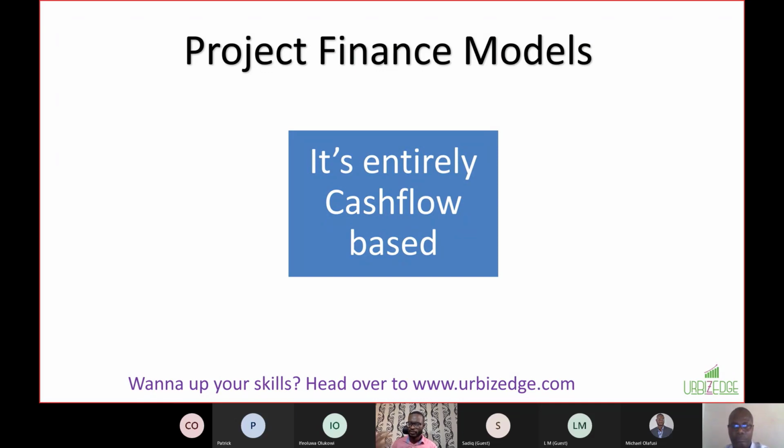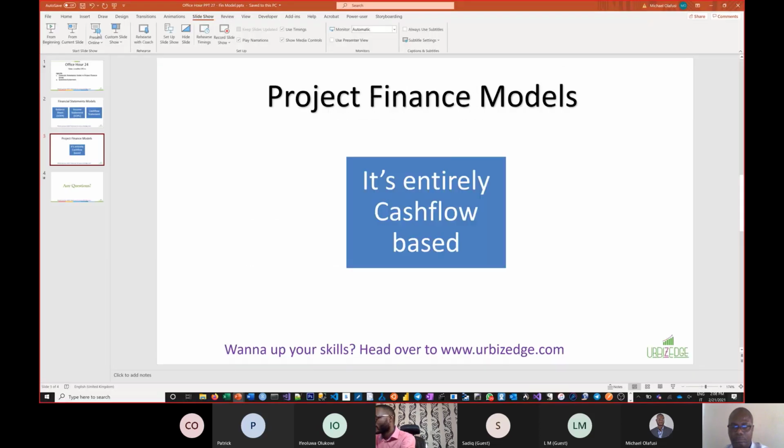Why will a company need a financial statement model, and why in some other instances will it be a project finance model that is needed? Okay, so let's see how a typical financial statement model looks like.